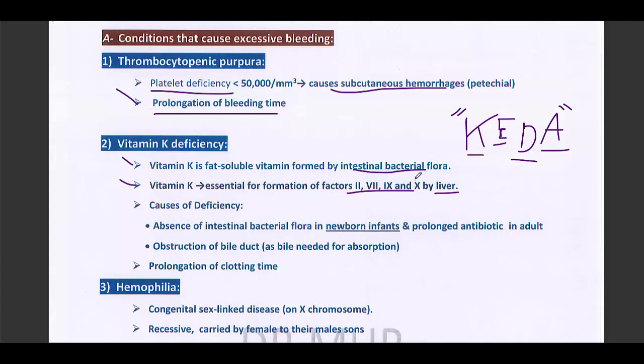If there is an absence of this flora, as in newborn infants, or prolonged antibiotic use in adults, there will be deficiency in vitamin K. This is a cause. The second cause is obstruction of bile ducts.